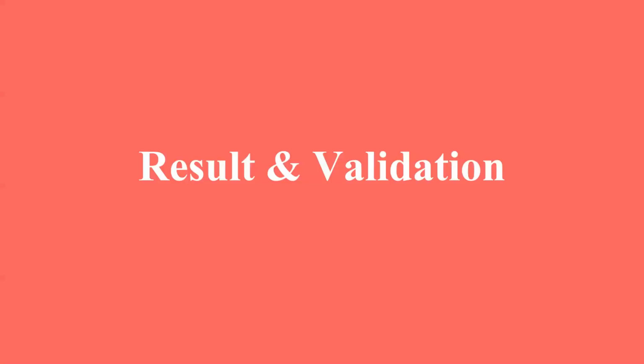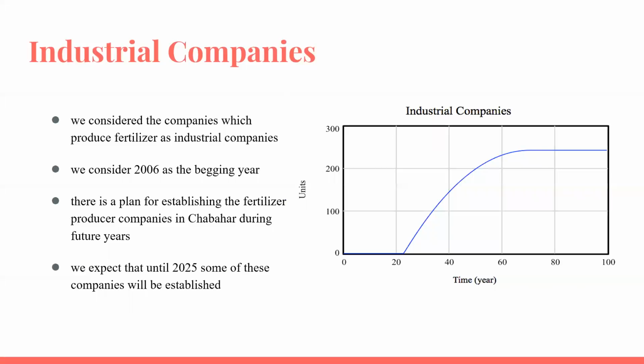Here is our result validation. You can see here the behavior of industrial companies. We consider the companies which produce fertilizer as industrial companies. The beginning year is 2006.